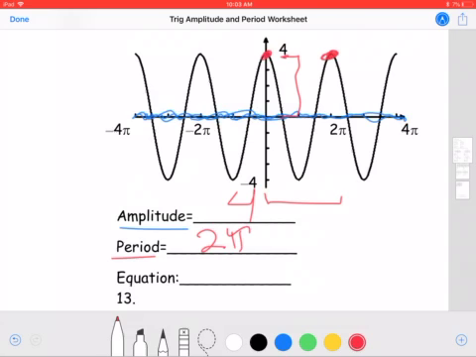Okay, so we're looking for an amplitude of 4. So that should definitely be in the front. And it's not flipped over. Like occasionally if the a term is negative, the whole graph will kind of be flipped over the x-axis, but in this case that's not the case. And this is a normal 2 pi period.